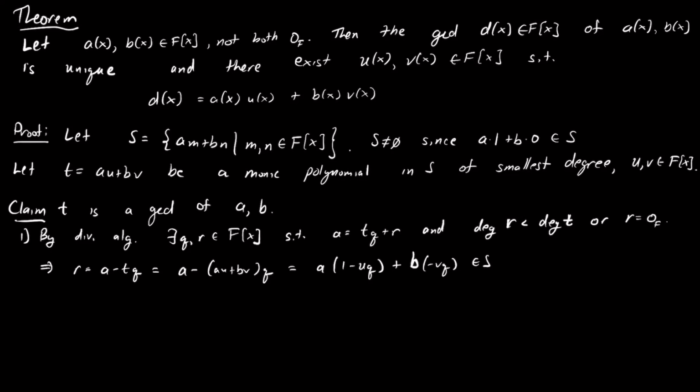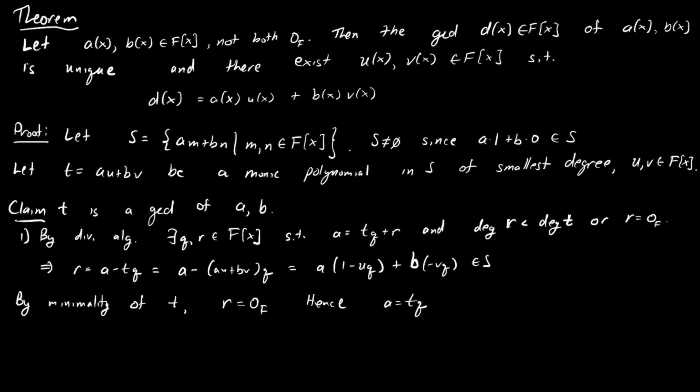Okay, but we have a small problem. We know that t is the smallest degree polynomial in S, and I have that the degree of r is smaller, right? So by minimality of t, we know that the only possibility is that r is equal to 0, and hence we have that a is equal to tq, right?